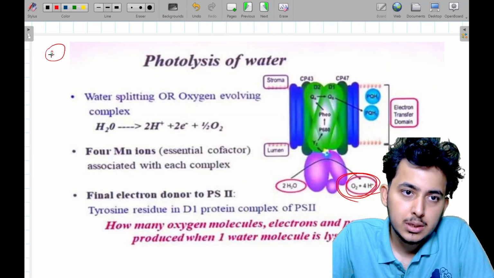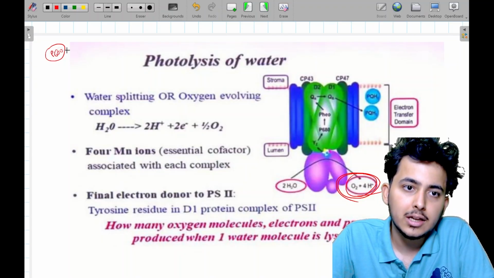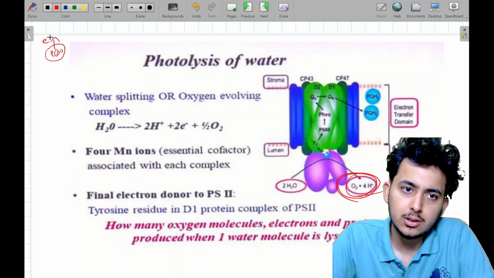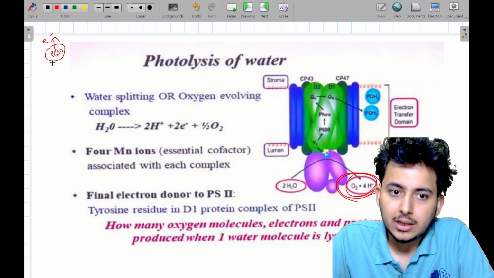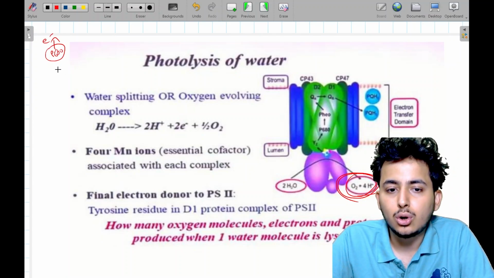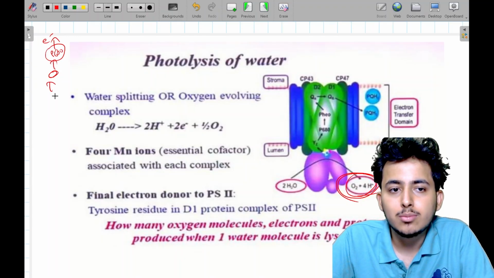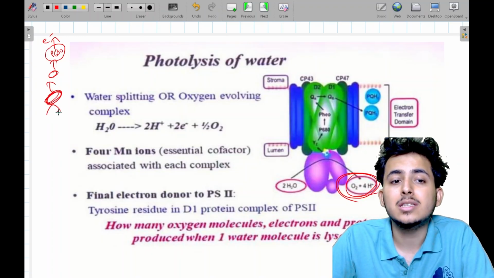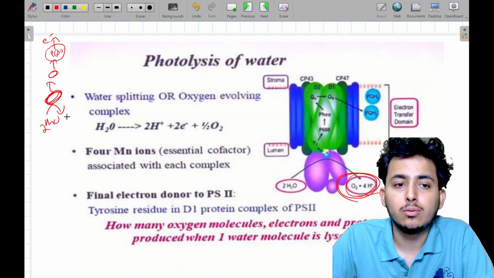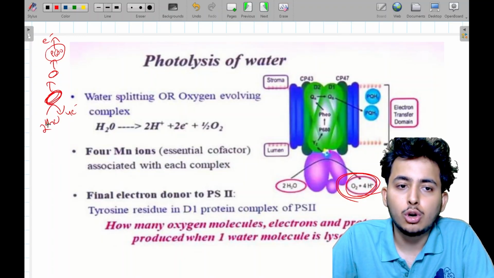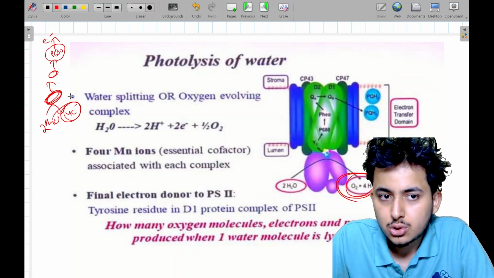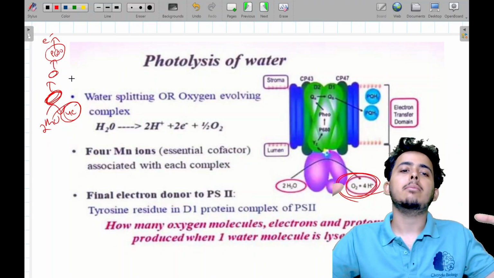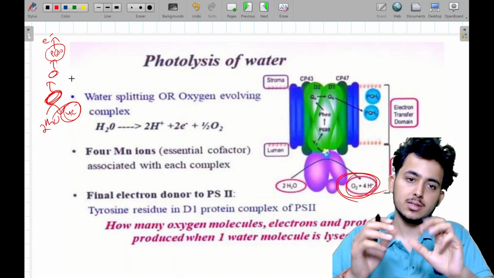As soon as PS2 or P680 gets electron deficient because it transferred the electron, this P680 takes electrons from somewhere, and that somewhere is getting the electrons by splitting of water, because if you split two water molecules you get 4 electrons. That is how electrons are being balanced in the entire process.